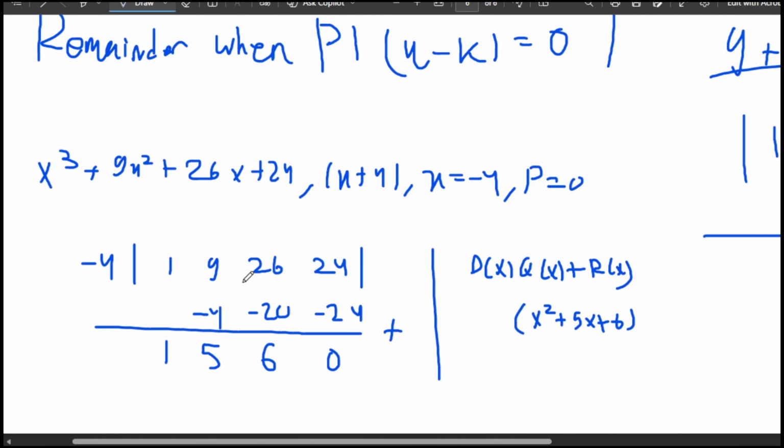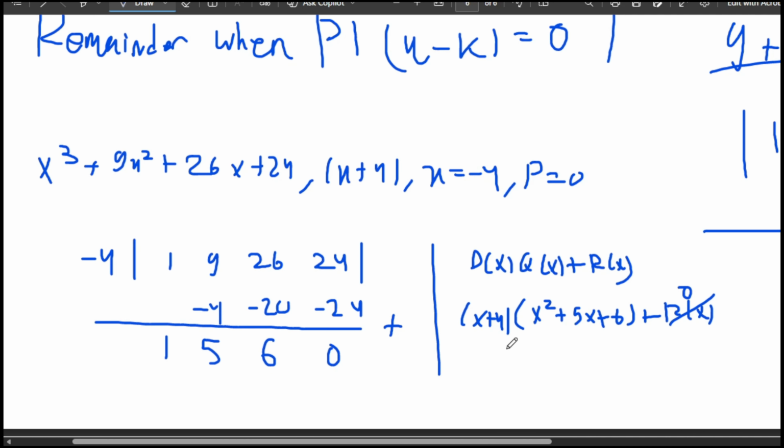Then our divisor is x plus 4, plus r of x, which is just 0. So we know that x squared plus 5x plus 6 will be x plus 3 and then x plus 2. Okay, so those are our factors.